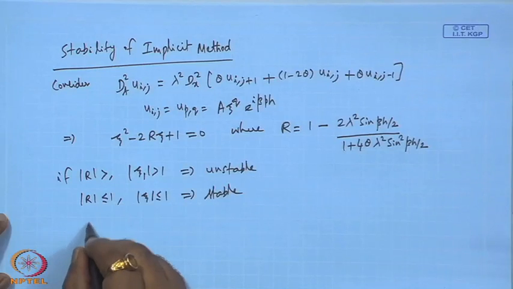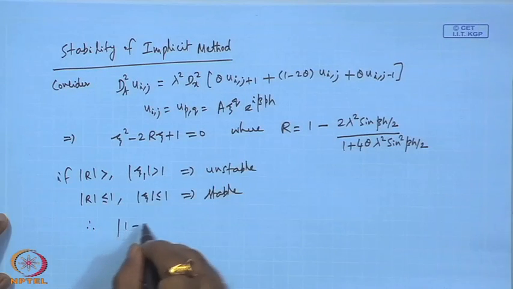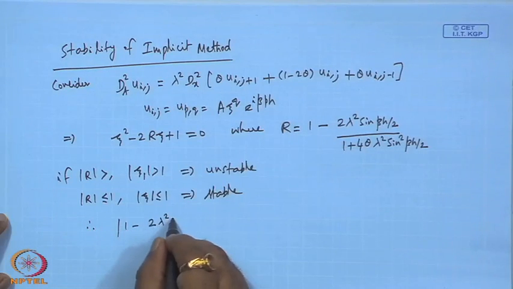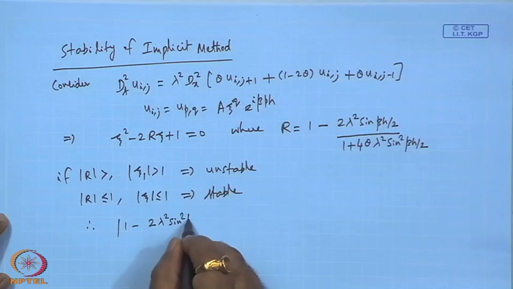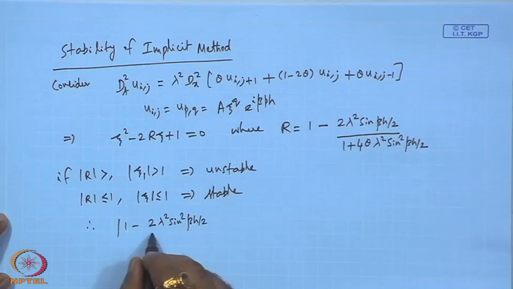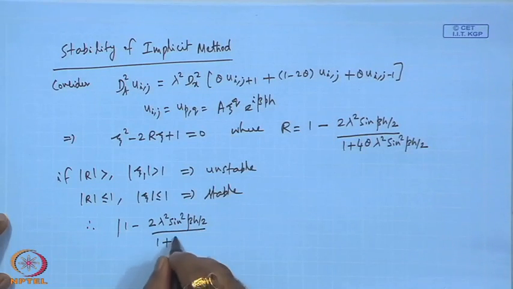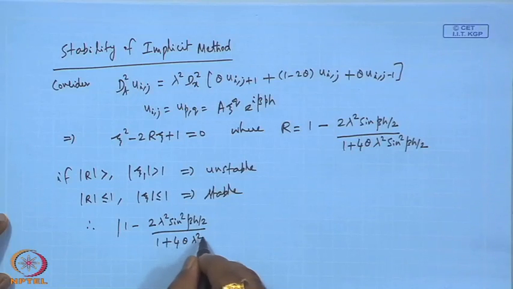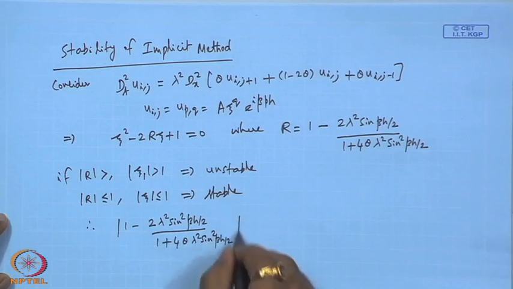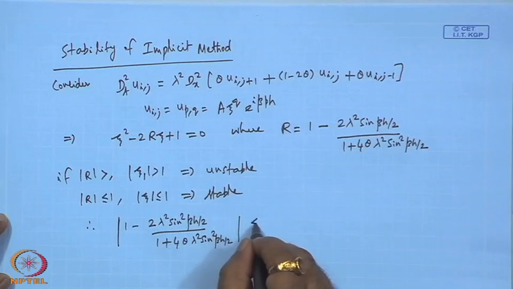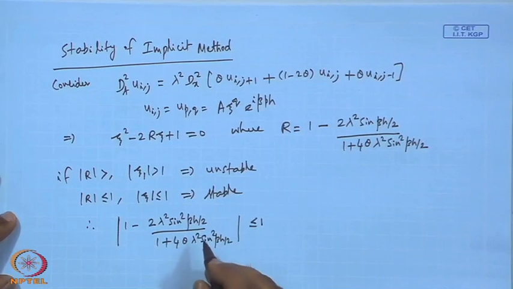So, therefore, mod 1 minus 2 lambda square, so this is less than or equal to 1.